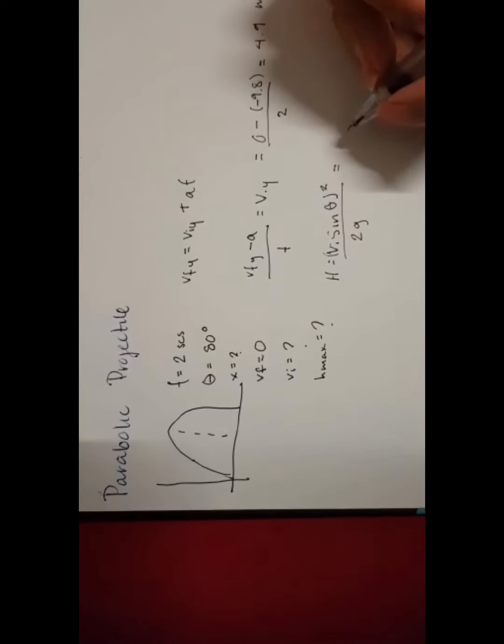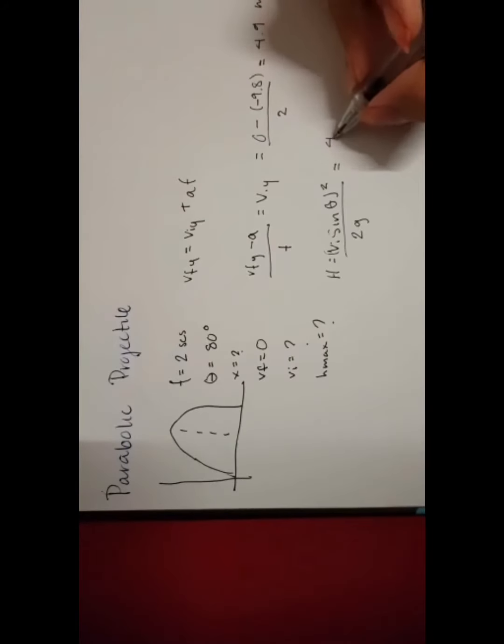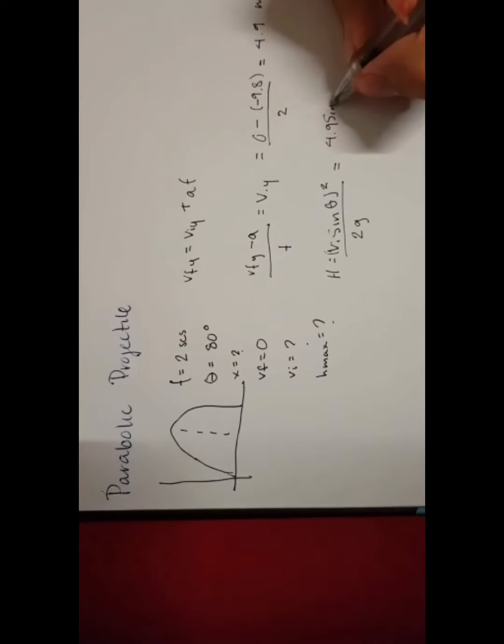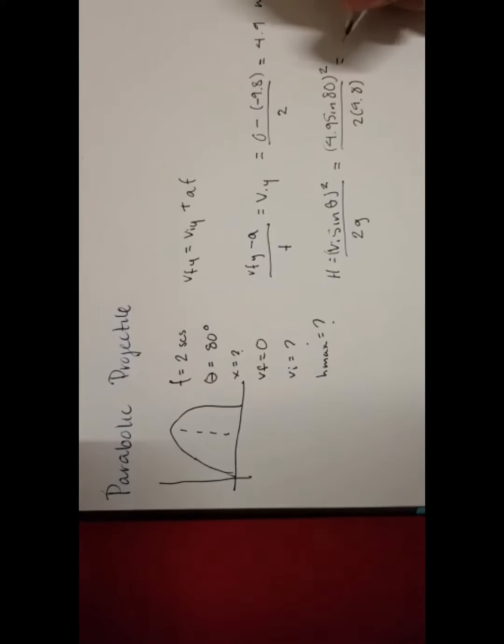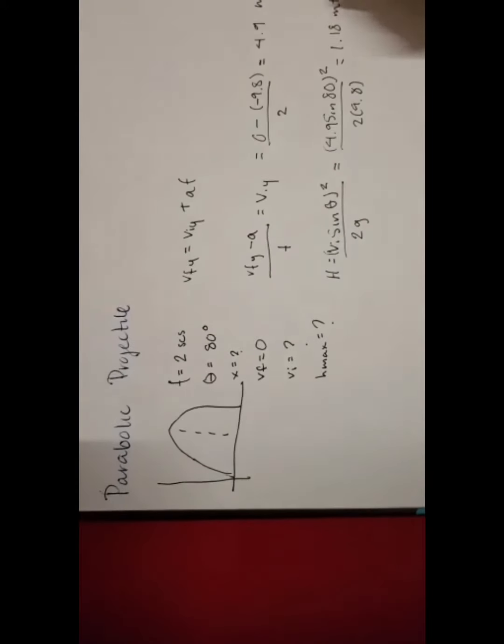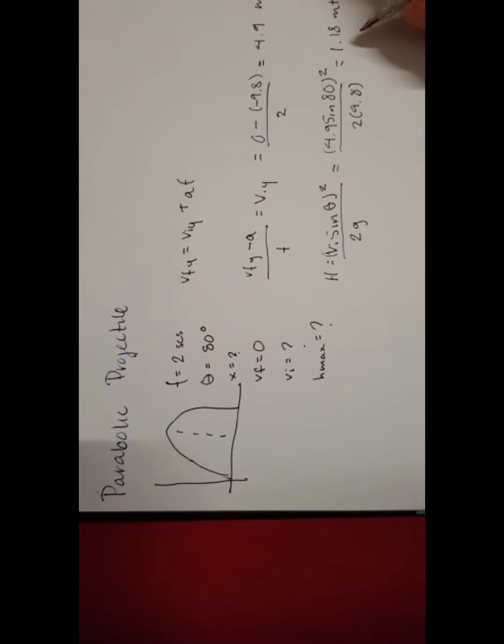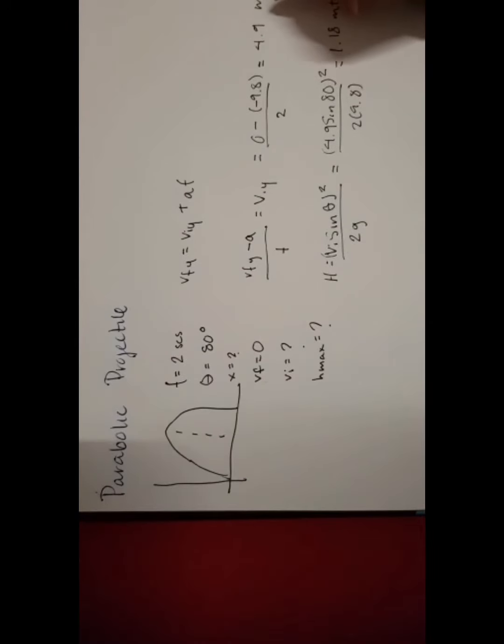Substituting the values, that will be 4.9 sine of 80 all squared over 2 times 9.8. And the result will be 1.18 meters. So this value is the maximum altitude, and this one is the initial velocity.